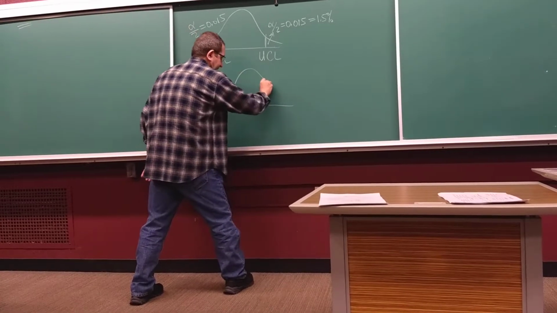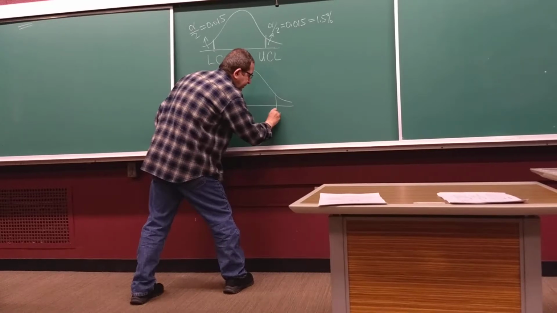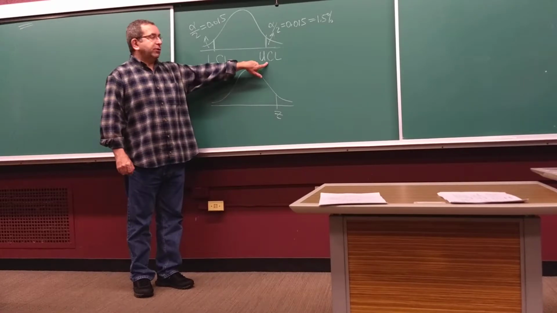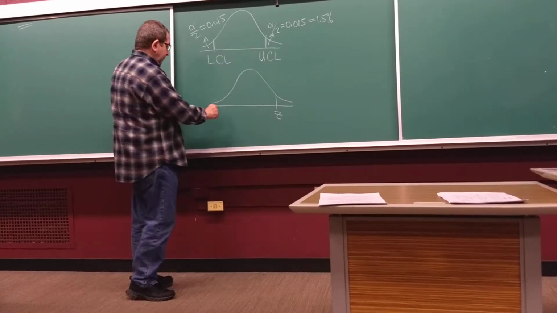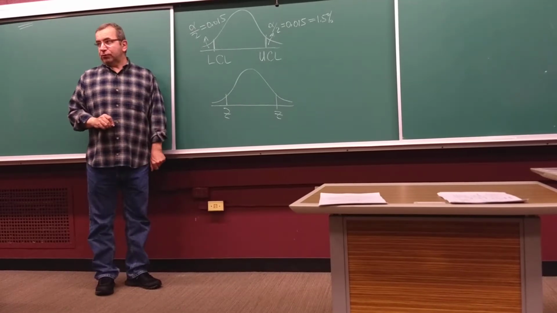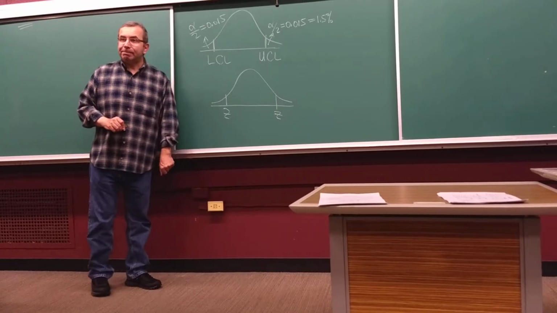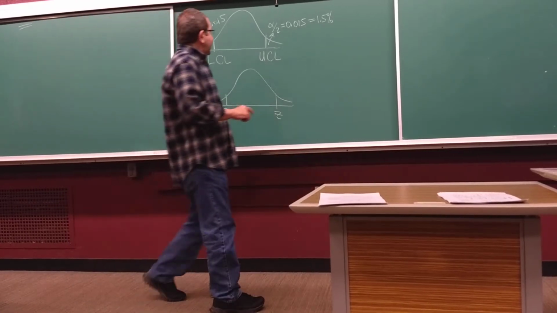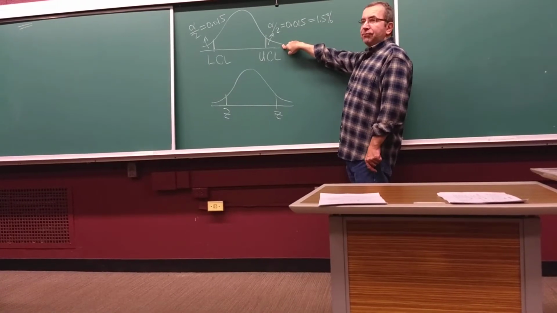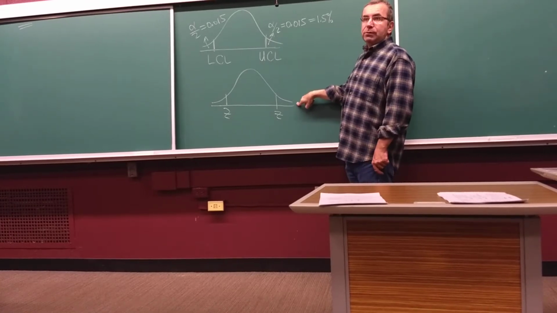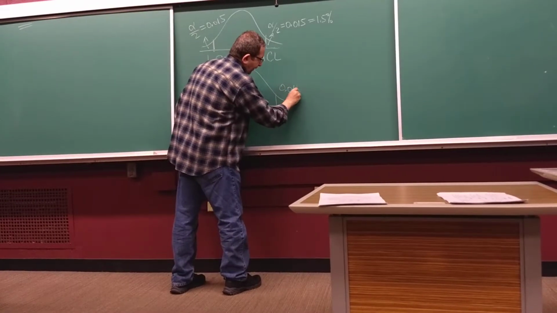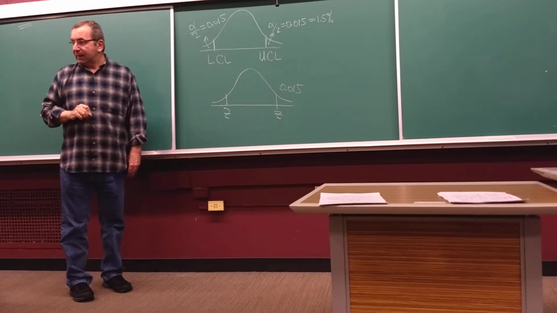There's going to be a z value that corresponds to the upper control limit, and another z value that corresponds to the lower control limit. So if this tail probability is 0.015, this will also be 0.015.